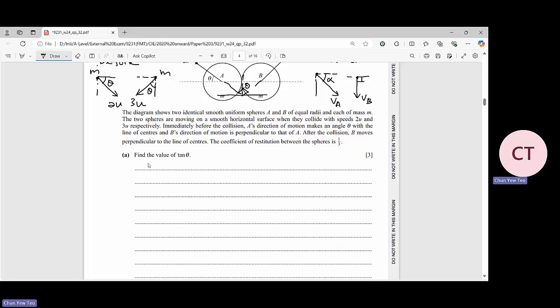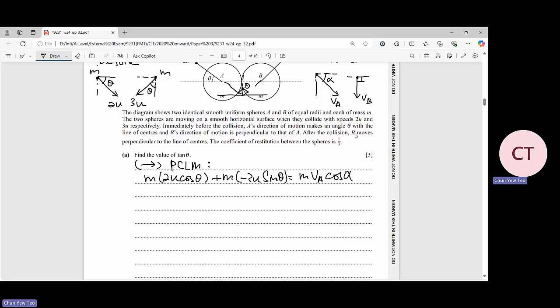So what we can do is consider the direction of the line of centers by using the principle of conservation of linear momentum, PCLM. So we have m 2u cos theta. I think I need to write below to get more space. So we have m 2u cos theta plus m of negative 3u sine theta is equal to m VA cos alpha.